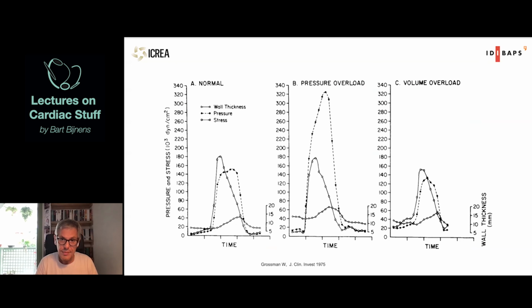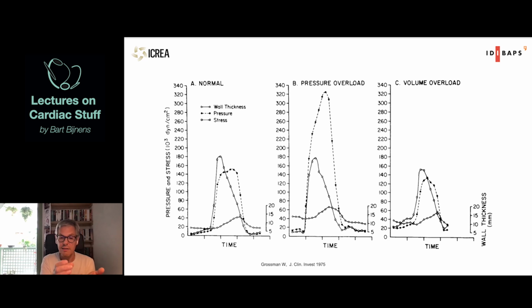Now, another thing which is interesting is how this then contributes later on to the decrease in wall stress, and here are some examples. As we said before, if you get hypertrophy, you have an increase in contractile force development. That already balances your increased loading, so increased pressure, which you can compensate with increased force development.